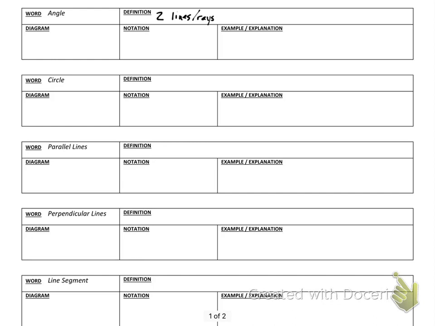And you probably have heard of rays, but if you forgot what they are, don't worry. 2 lines or rays or segments that share a common point. Sorry if you can't read that. If you have any questions on the words up there, just let me know. So they share a common point.